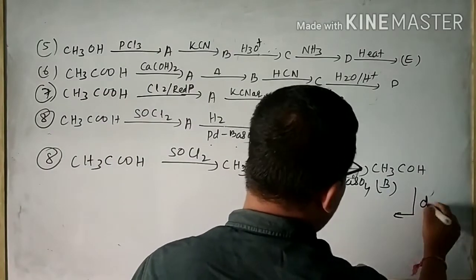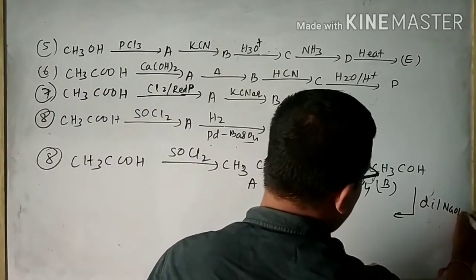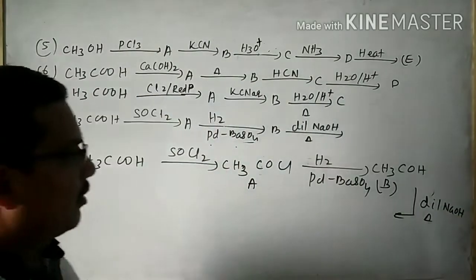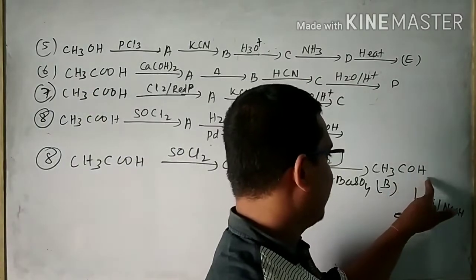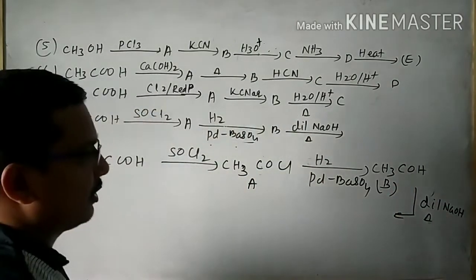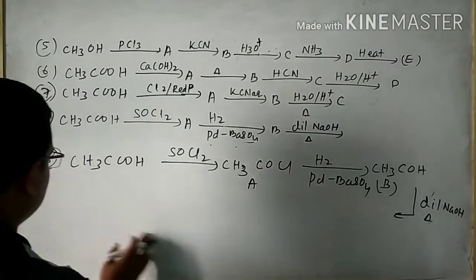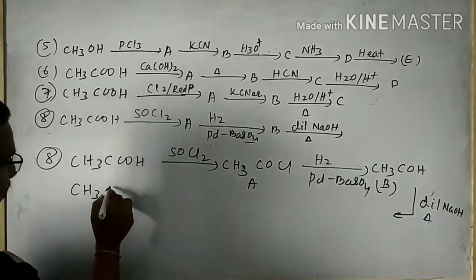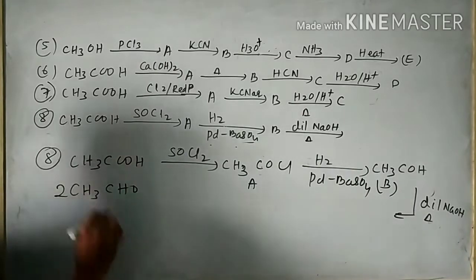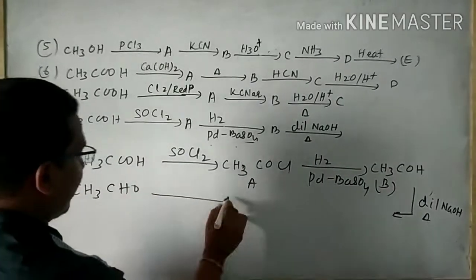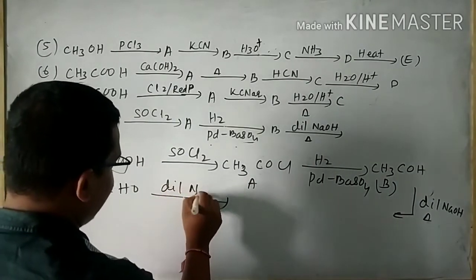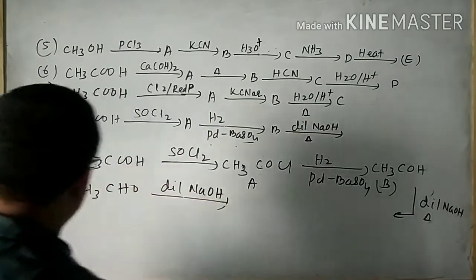Next, it is subjected to dilute NaOH and heating. The product CH3CHO is subjected to reaction with dilute NaOH. That means it undergoes aldol condensation reaction. Here, 2 molecules of acetaldehyde are taken and subjected to reaction with dilute NaOH. Then what happens?